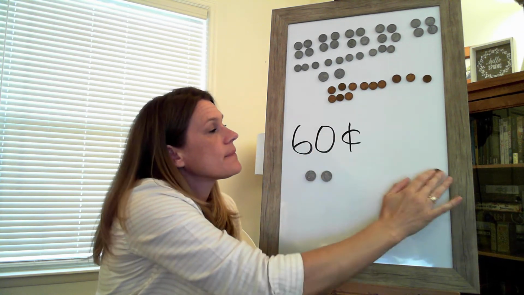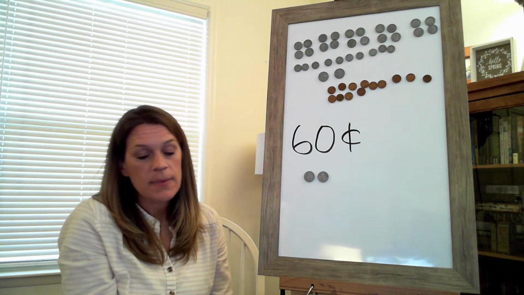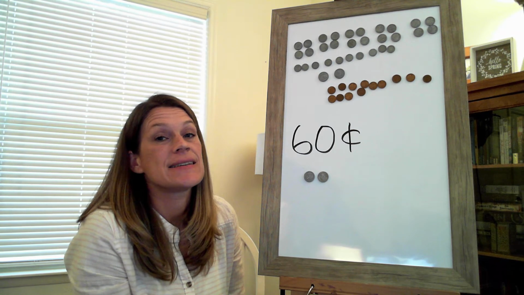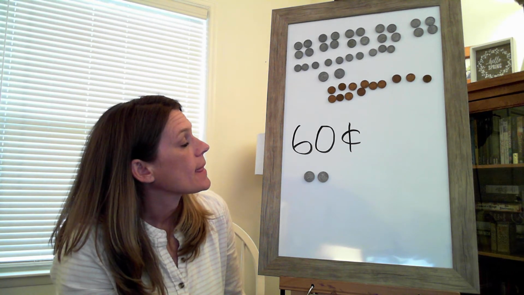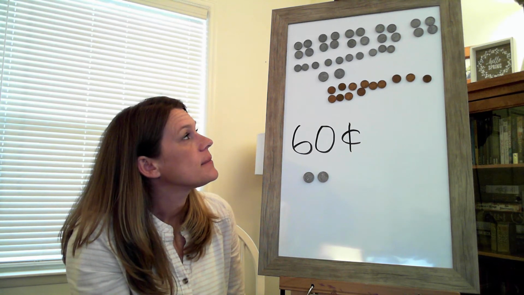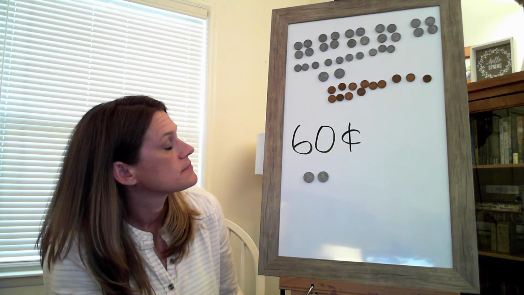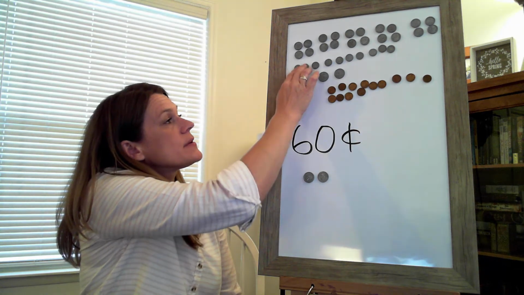This time, we're going to use quarters again, but this time I want you to use quarters and nickels. Okay, so I know I need my 50 cents, my 2 quarters. How many nickels will I need to bring down? All right, so I'm going to start working on mine.